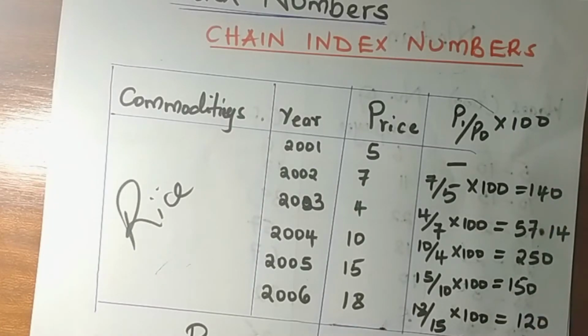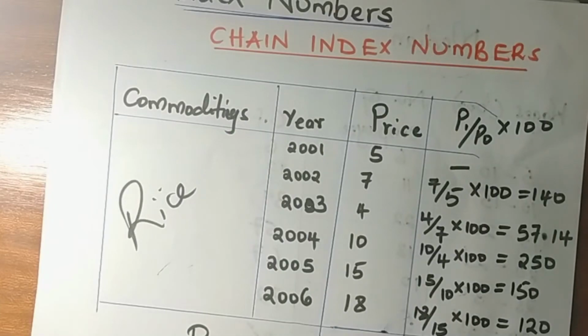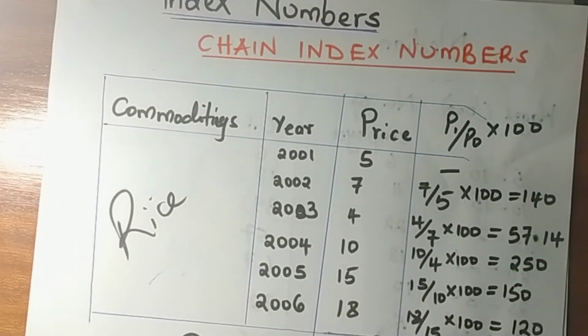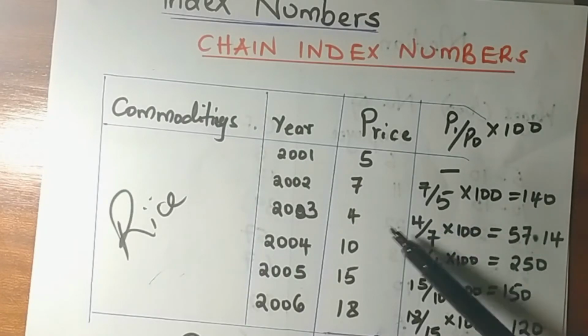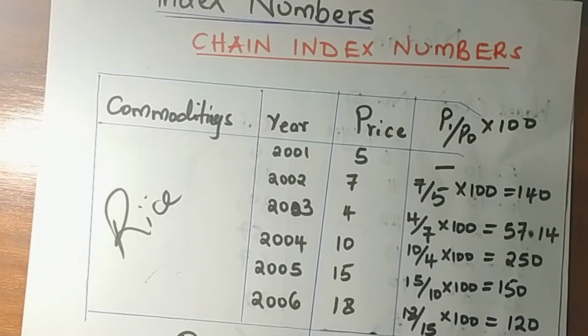So these are the chain index numbers for this single commodity, rice, for the duration that you're given. It gives us the trend of change with respect to its previous time period.